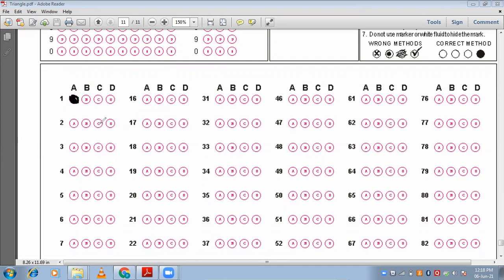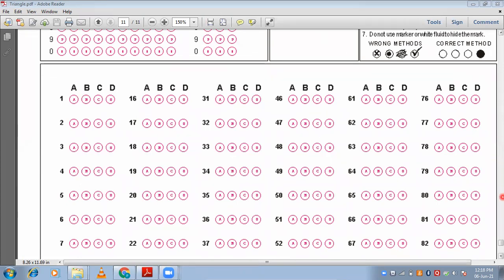If for second question, option D is right, means only shade circle D. Like this you need to fill. Don't put tick mark or don't scratch like this. Okay. And don't do only simple like this. Got it? You need to completely shade the circle like this.